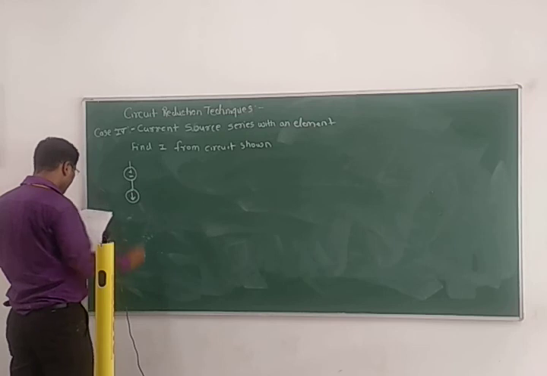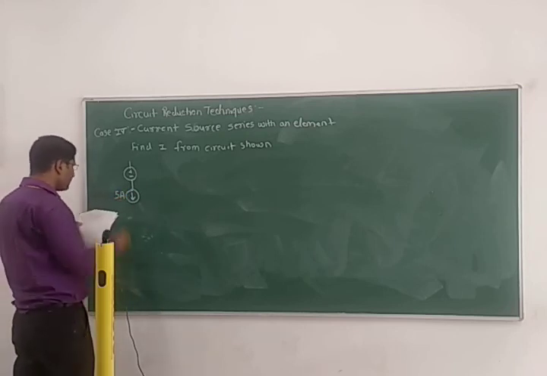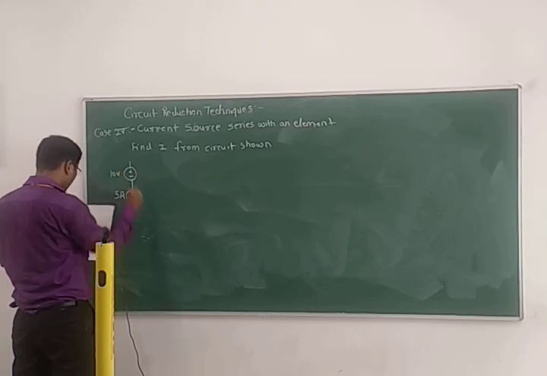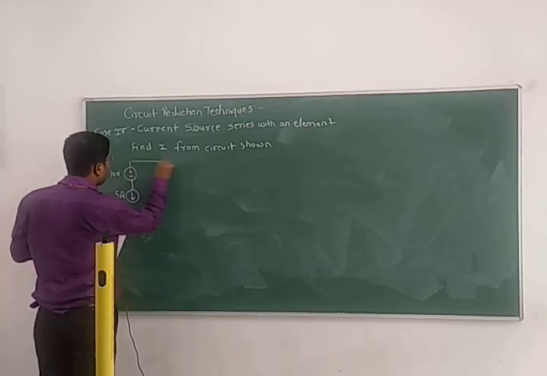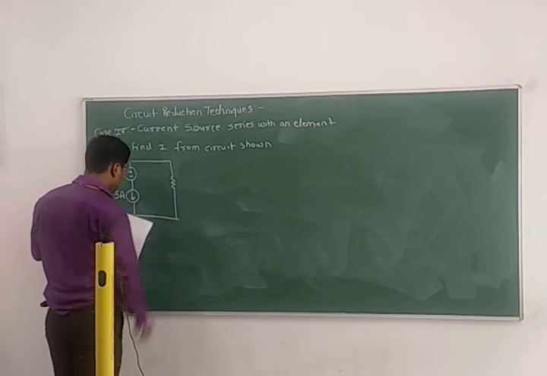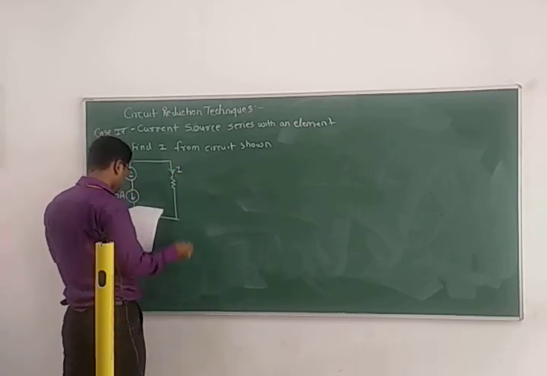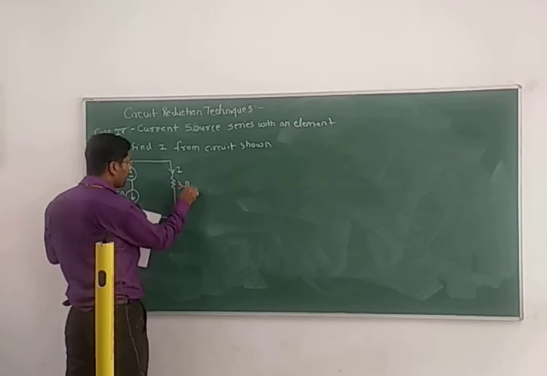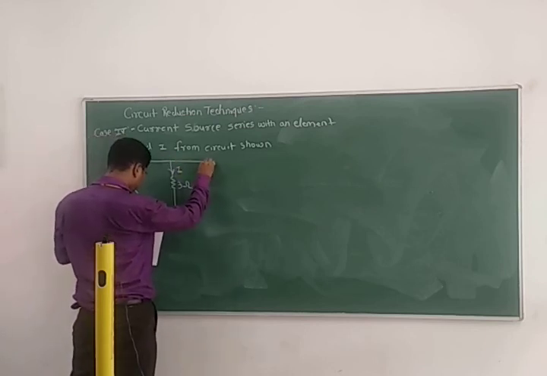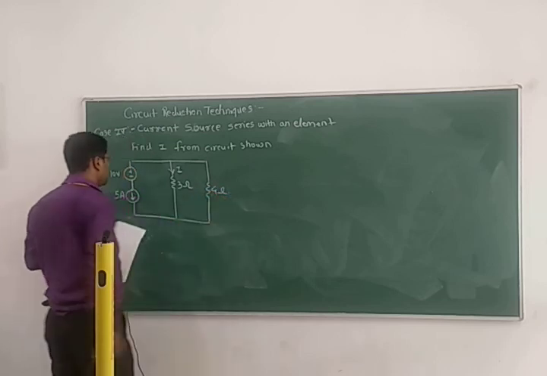This current source is given as 5 ampere. This current we have to find out. This is the 3 ohm resistance, and here is the 4 ohm resistance.